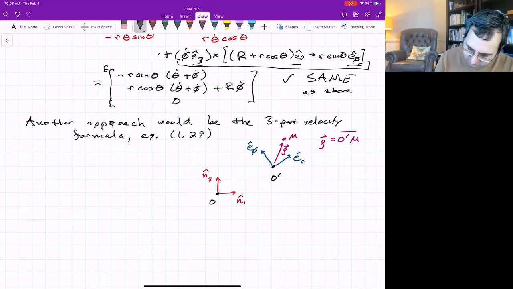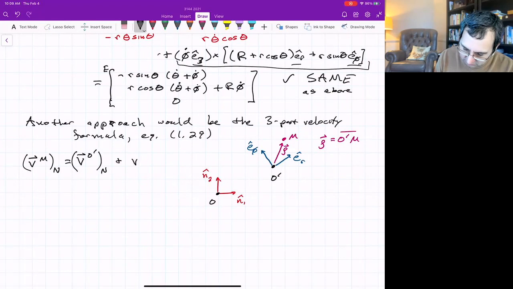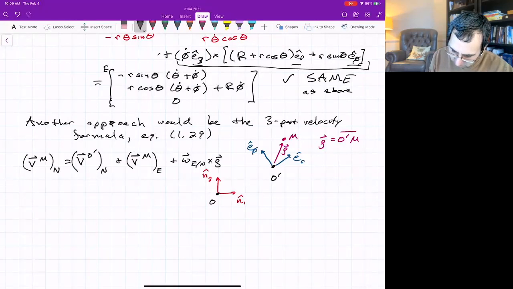We would write that formula would say the velocity of m, the point m, with respect to the n frame is the velocity of the origin of this moving frame with respect to n, plus the velocity of m with respect to the e frame, our moving frame, rotating and translating frame, plus omega e with respect to n cross rho.